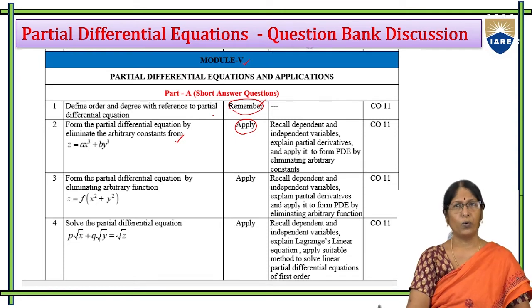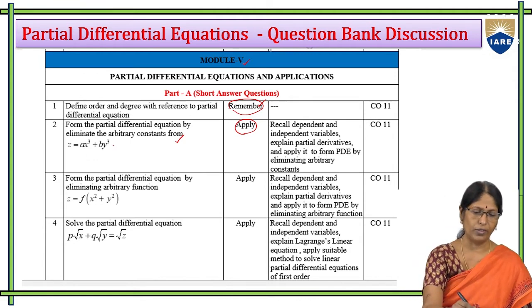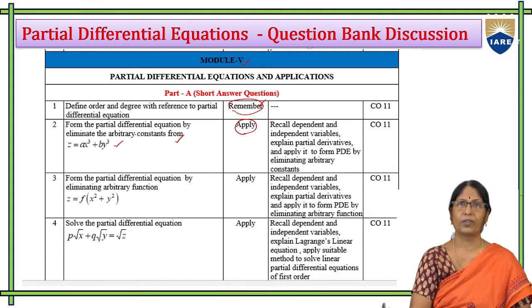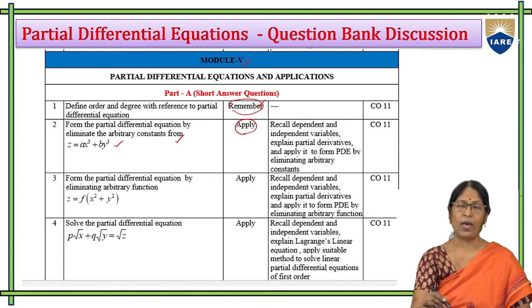Now we are going to discuss the preparation of the question bank and how it satisfies the three levels. What are the formulas we are going to recall for this particular problem? Recalling, then how far the understanding level goes, and with the recalling and the understanding level, we have to apply to reach the solution.